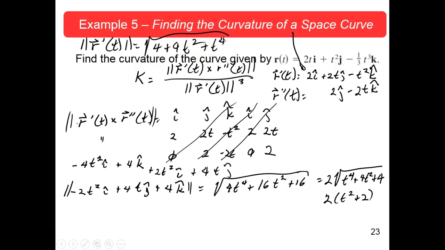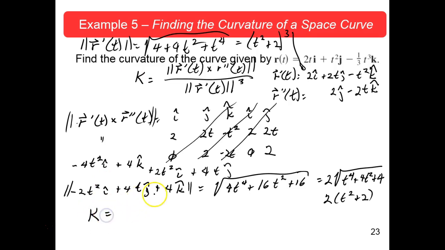Okay, I got lost there in which line I was looking at. That is again the square root of t squared plus 2, right? But you're going to cube that, r prime cubed. So, what is our curvature?